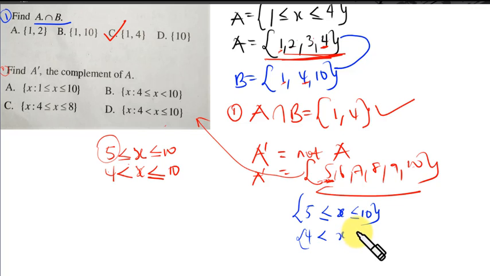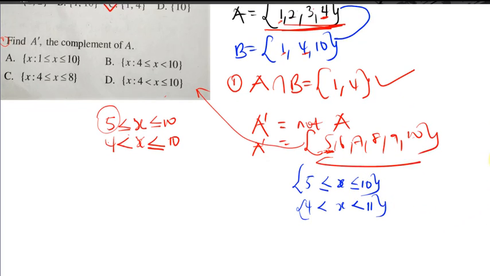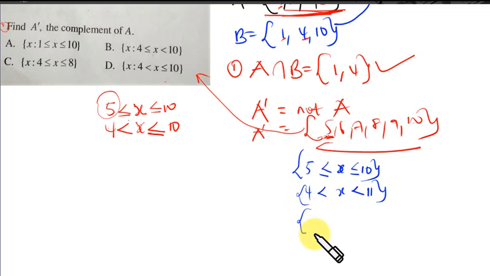And you can even say x is less than 11, because if you say it is less than 11, that means it will end on the number 10. Equally, you could change one and allow one to remain like this: x is greater than or equal to 5. That means you start from 5, but it is less than 11, because less than 11 means it will end at 10, exactly this.